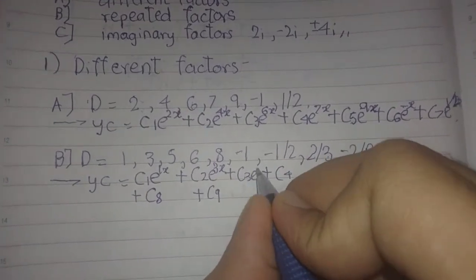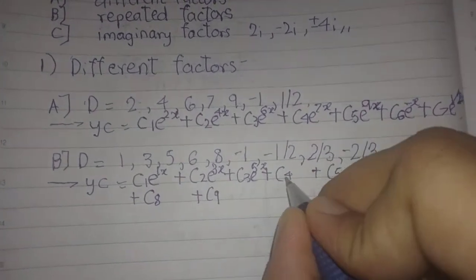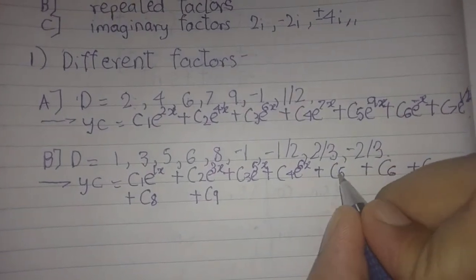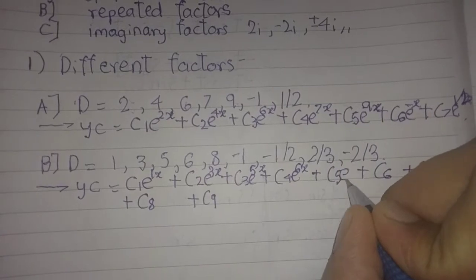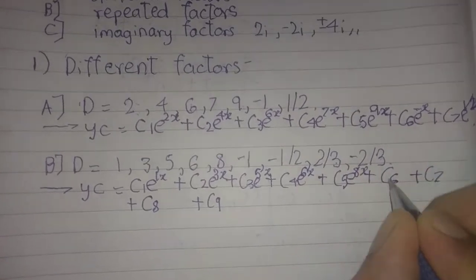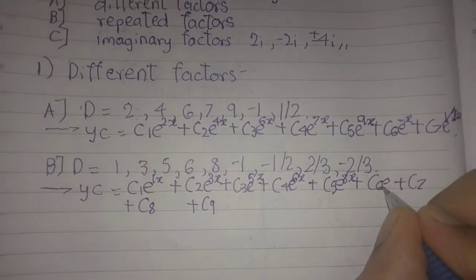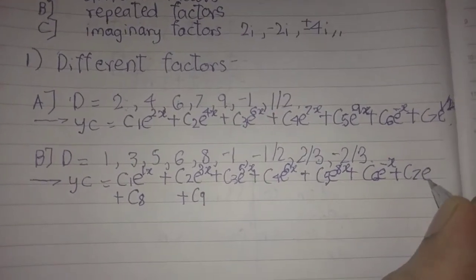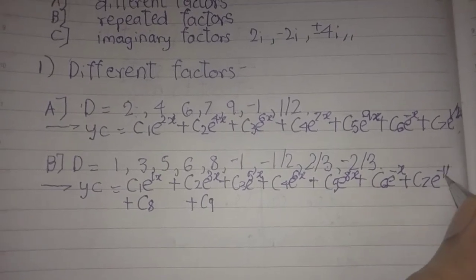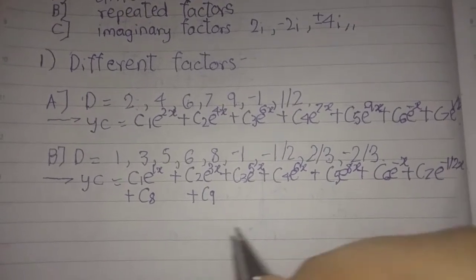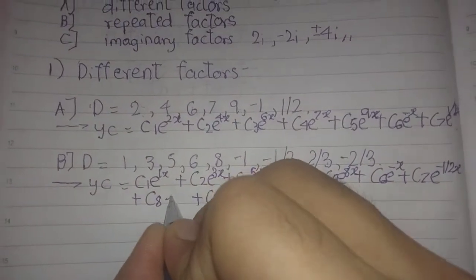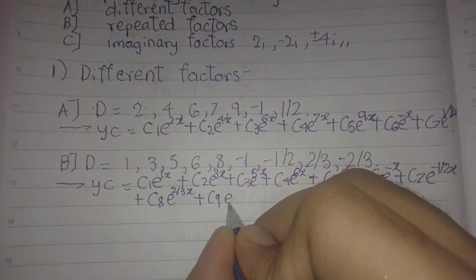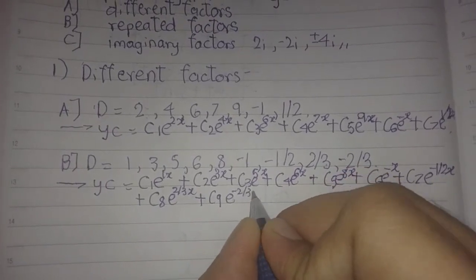Likewise, C3 e raised to 5x, plus C4 e raised to 6x, plus C5 e raised to 8x, plus C6 e raised to minus x, plus C7 e raised to minus 1 by 2x, plus C8 e raised to 2 by 3x, and C9 e raised to minus 2 by 3x.